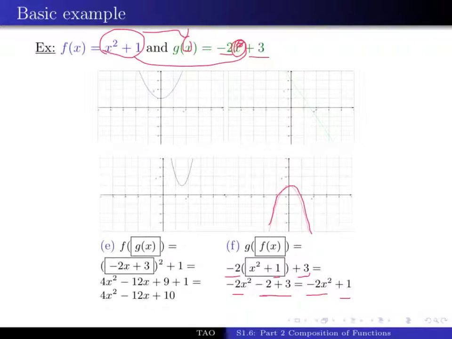Now, clearly, this quadratic and this quadratic are not the same. So what this means is that in general, f of g is not going to be equal to g of f. You take the output of one thing, put it in the other. If we do it the opposite way, we don't get the same thing, right?